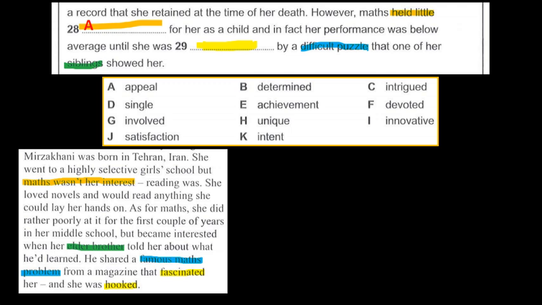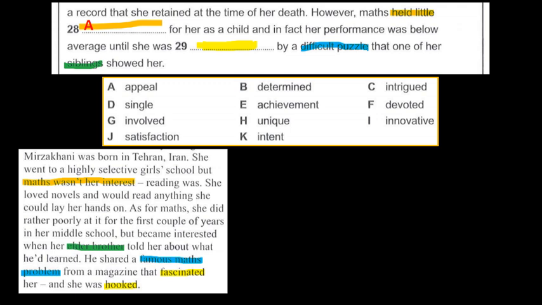It held little appeal. And moving on to 29, there's a word that we're going to highlight in yellow. She was something by a difficult puzzle that one of her siblings showed her. So siblings, brothers and sisters, and in the passage we've found elder brother. Difficult puzzle, famous maths problem.